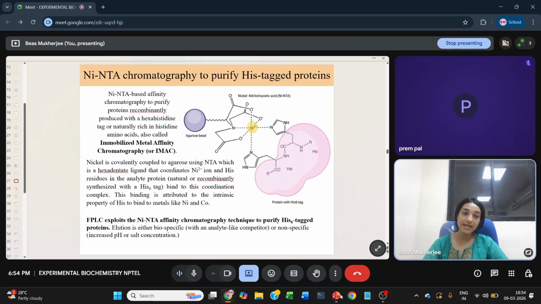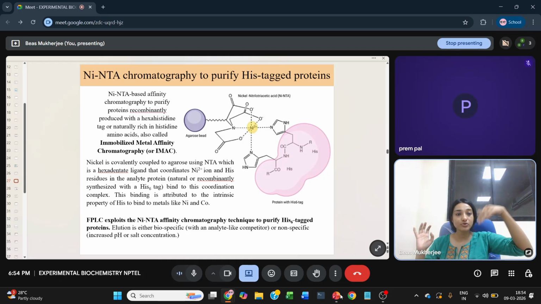Again, for Ni-NTA, if you remember, there was this protein of interest with a tag of histidines. 6 histidines are there. 2 histidines at a time bind to one nickel, which is chelated by a compound called NTA, nitrilotriacetic acid, and this is bound to the agarose bead.